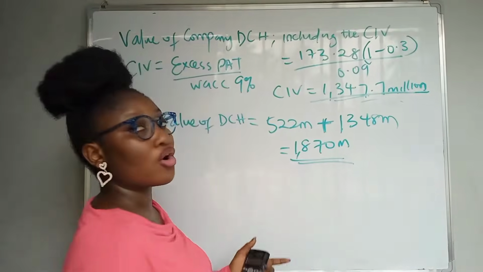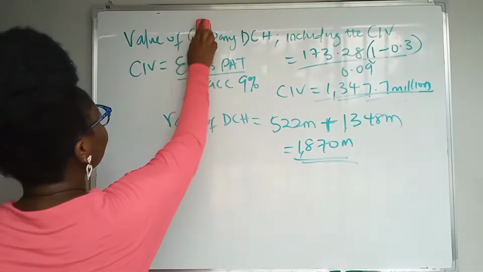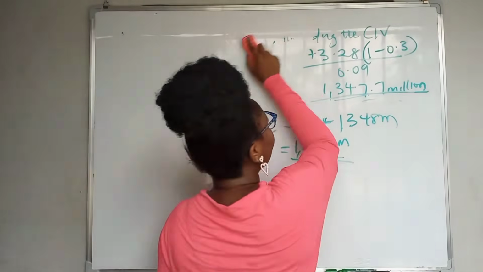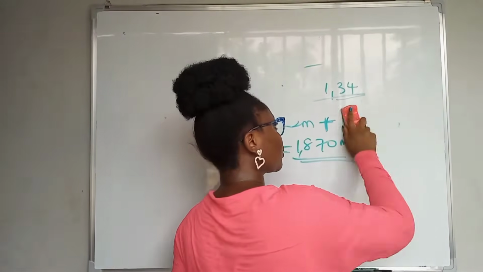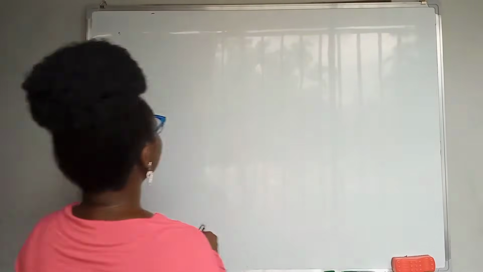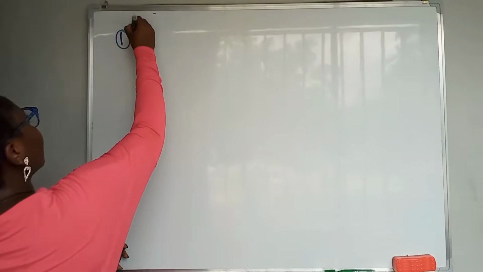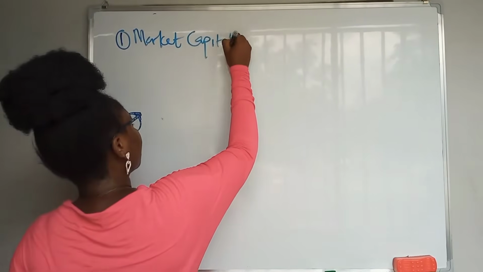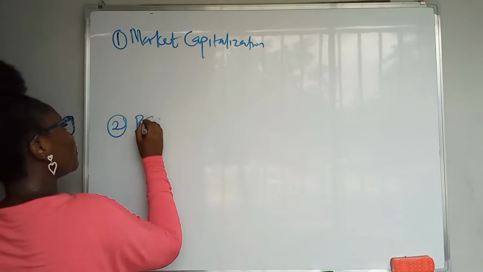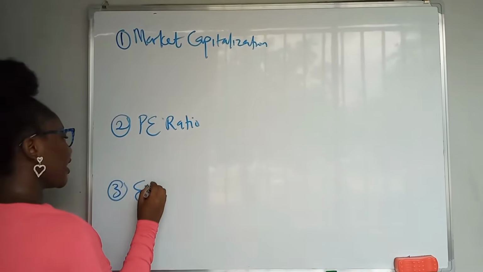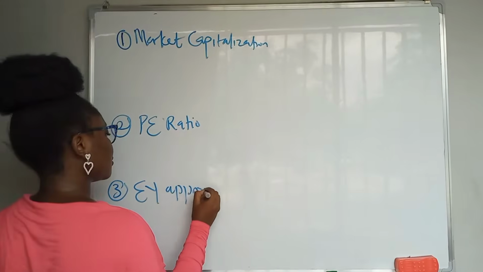Let's now go to the income-based method. The income-based method is saying value a company based on the income. And I told you earlier that there are 3 sub-methods or 3 approaches to use under the income-based method. The first approach you have is your market capitalization. The second approach is your PE ratio approach, and the third one is your earnings yield approach.